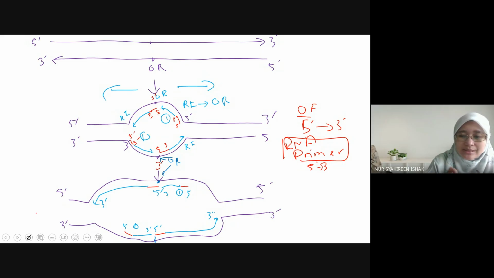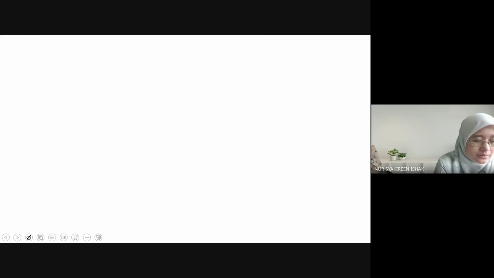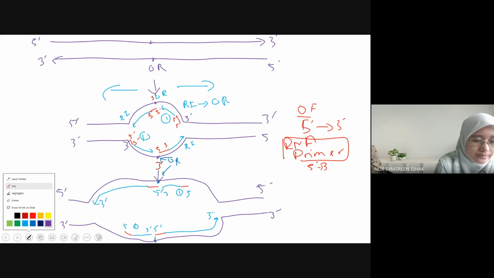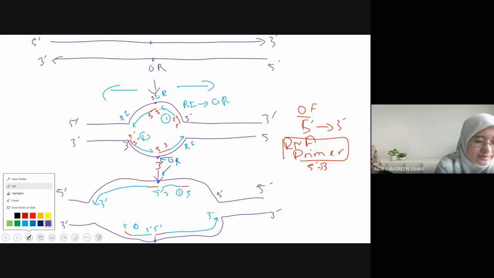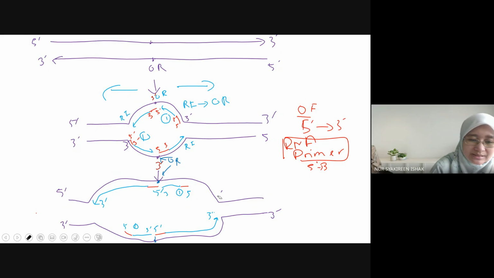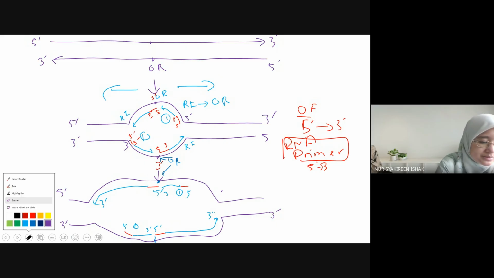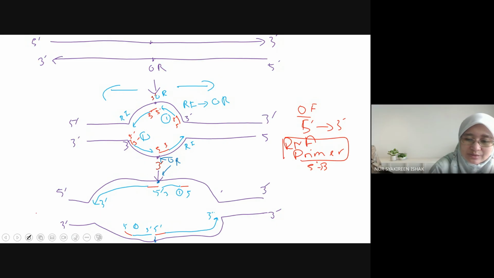Bila sini 5, sini pun 5 juga. Kan bukan situ 5, terbalik. Belah sini situ 5, bawah sini 3. So ini pun 3 juga. 3 pair dengan apa tadi? 3 pair dengan 5.